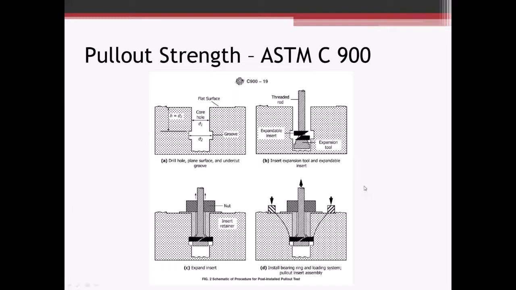Yeah, it's not really filled with anything other than the mechanical equipment that's used. So there's this core hole that's drilled, and this other stuff is just part of the mechanical apparatus that fits inside the core hole. So it's not really filled with anything other than this insert ring.